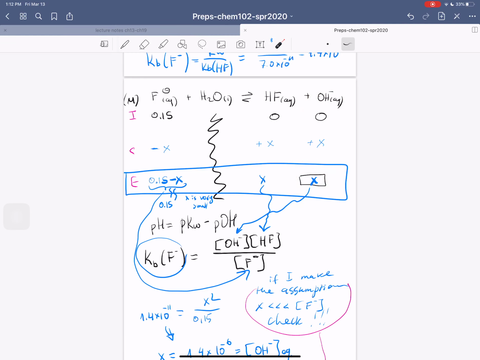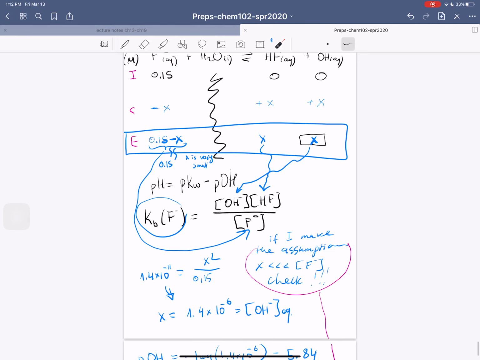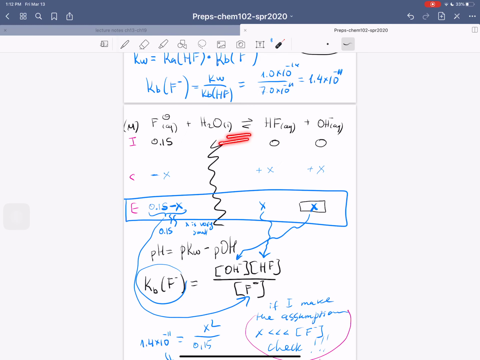To calculate this, we made an assumption that because the value of the Kb is that small, the equilibrium lies to the left and not much OH minus will be produced. The fluoride will not be very reactive. Our assumption was that this x is actually very small, and it made us assume that the equilibrium concentration is actually close to the initial concentration.